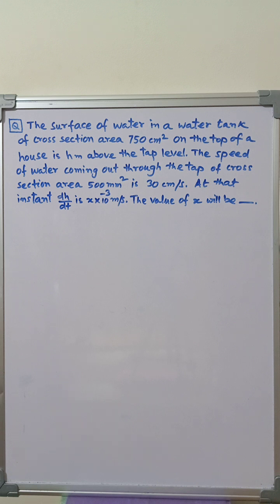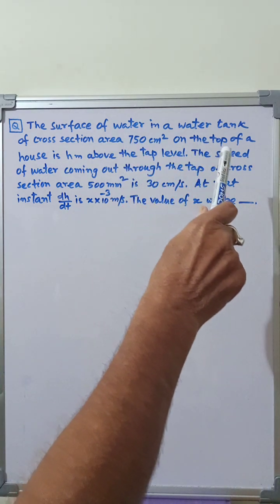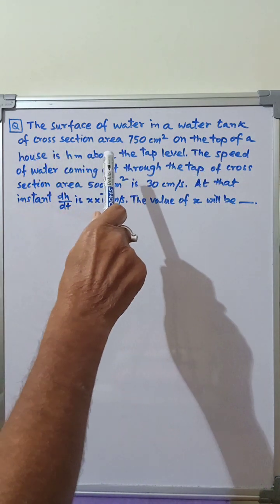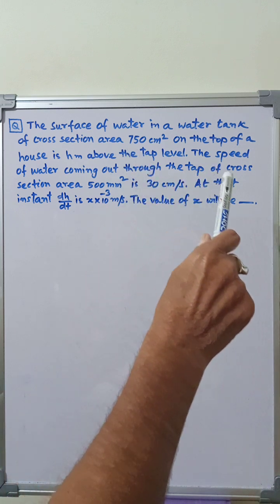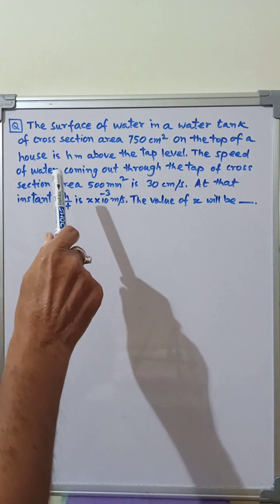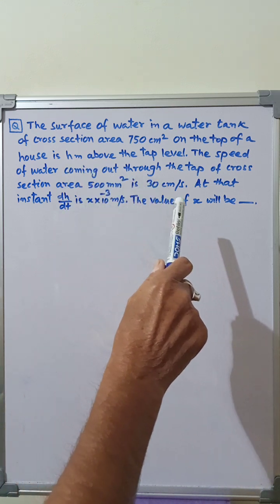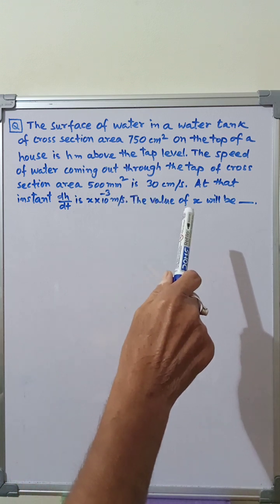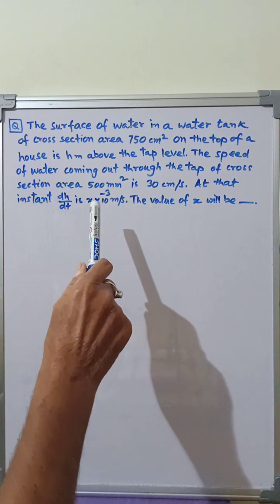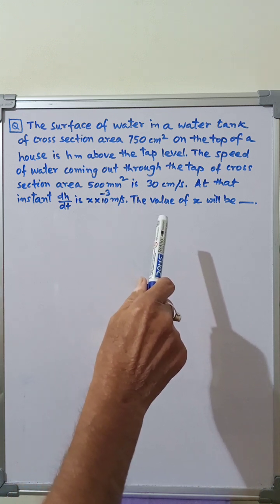Read the question carefully. The surface of water in a water tank of cross-sectional area 750 centimeters square on the top of a house is h meters above the tap level. The speed of water coming out through the tap of cross-section area 500 millimeters square is 30 centimeters per second.